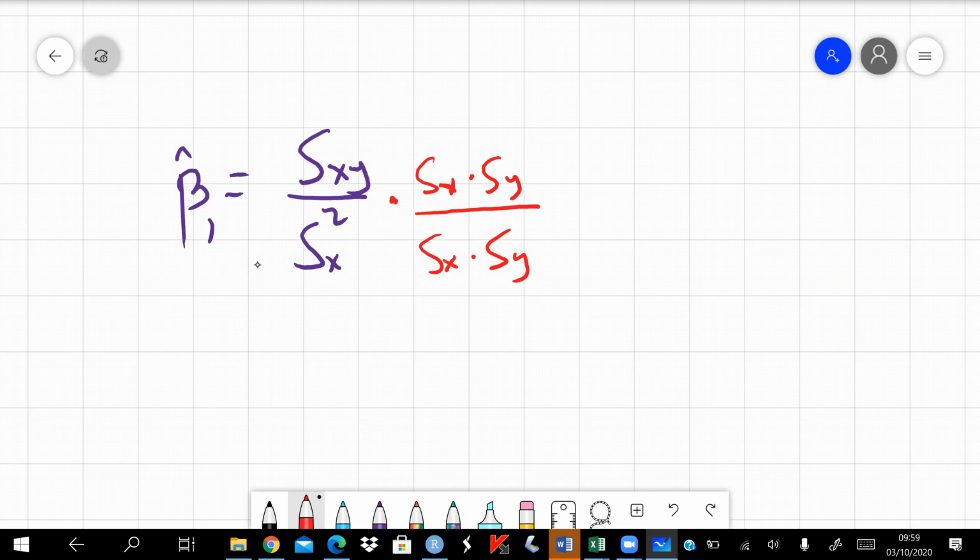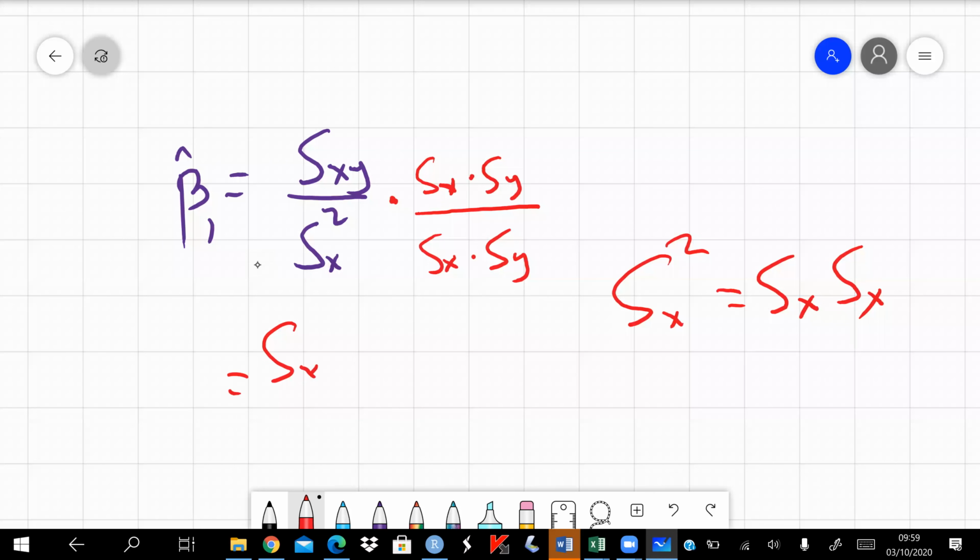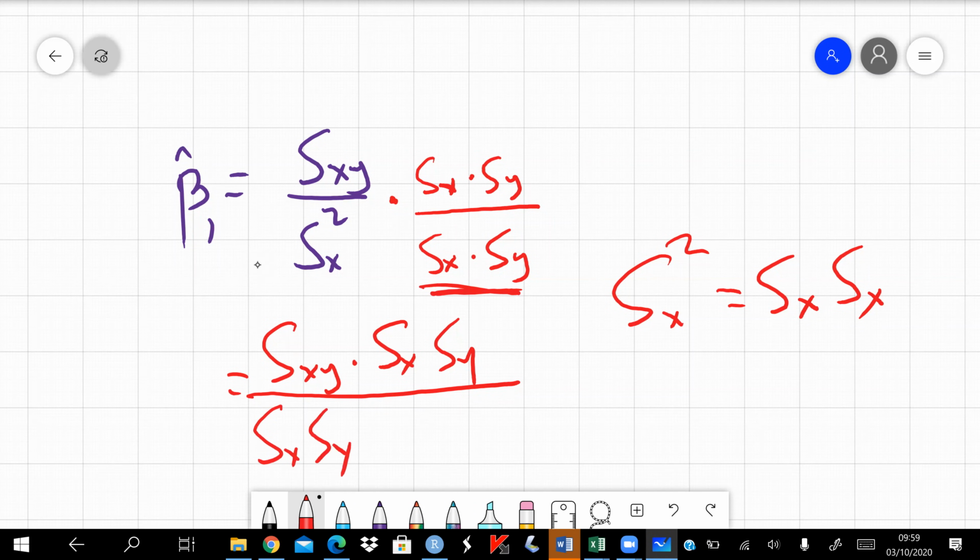You see s of x squared is the same as s of x multiplied by s of x. So I can have this one as s of xy multiplied by s of x, s of y, divided by s of x, s of y. Then now I want to have this one later, s of x, s of x.